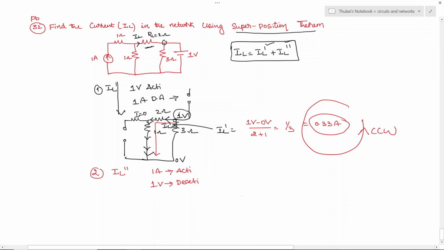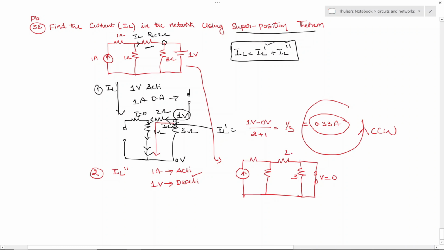So if you redraw the diagram, the 1 ampere source is activated and the other source is deactivated. Since this voltage source is deactivated, it is 0 now. So this is 3 ohms, this is 2 ohm, this is 1 ohm, and this is 1 ohm, and the total current given is 1 ampere.